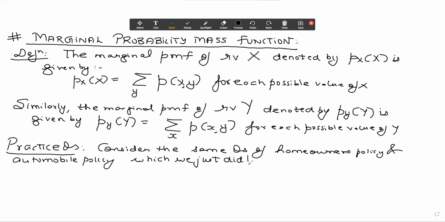Okay, if you all recall, what was my joint probability table like? X takes the values 100 and 250, Y takes the values 0, 100 and 200.